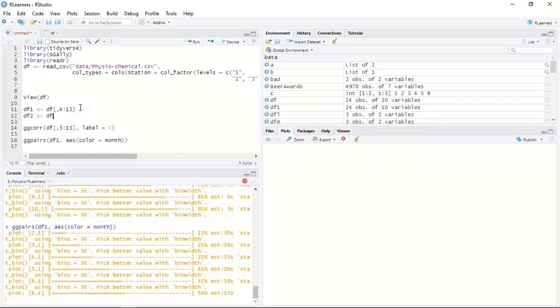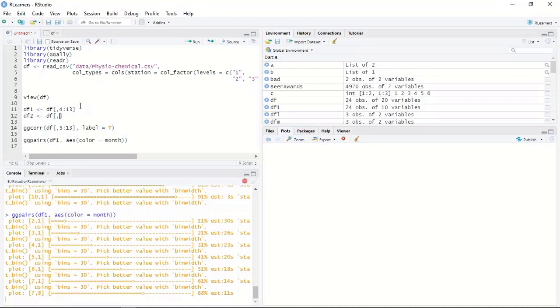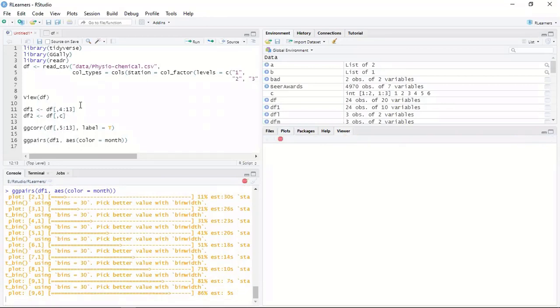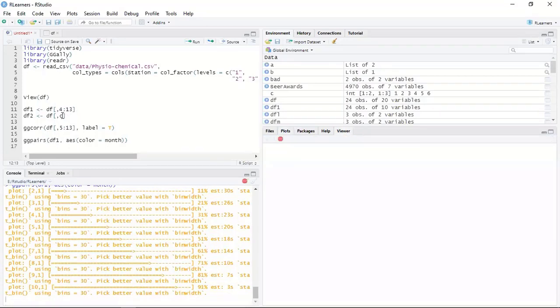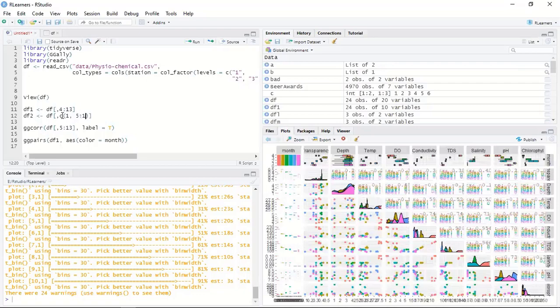This time round, I want to select all the rows, and I want to select the first column. You have to put a C, put it into concatenation. So we need the first column, and then from the 5th column to the 13th column.